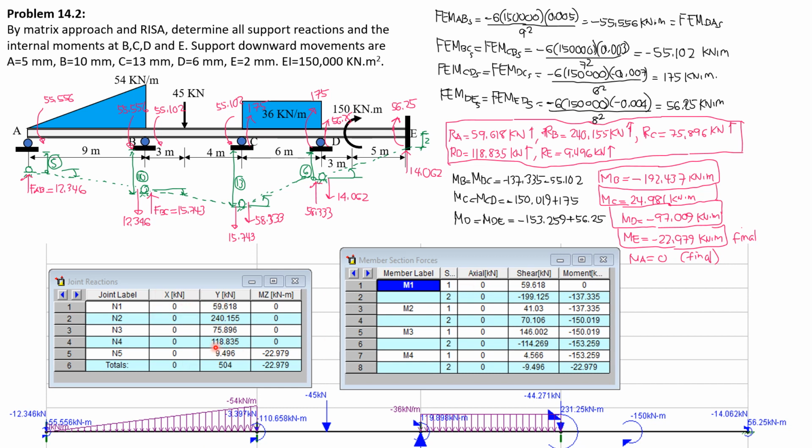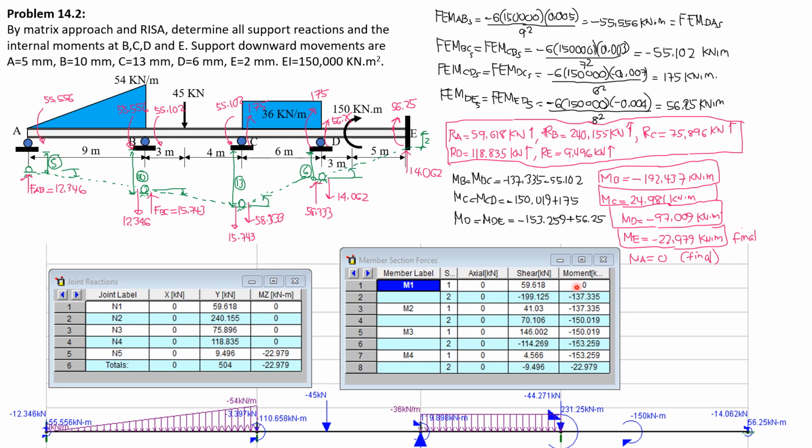So these are the final vertical reactions at A, B, C, D, and E. So we have 59.618 kilonewtons upward at B, 240.155 kilonewtons upward at C, 75.896 kilonewtons upward at D, 118.835 kilonewtons upward, and at E, 9.496 kilonewtons upward. For the moments, as I said, for the end supports, that would be final.